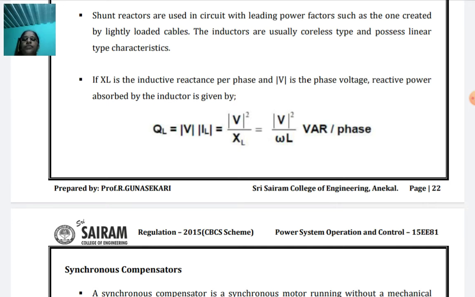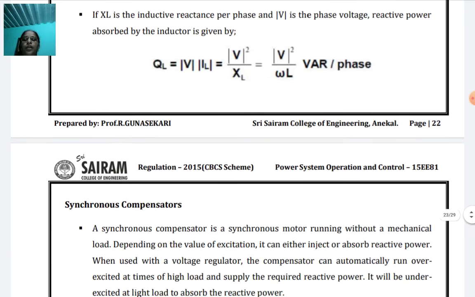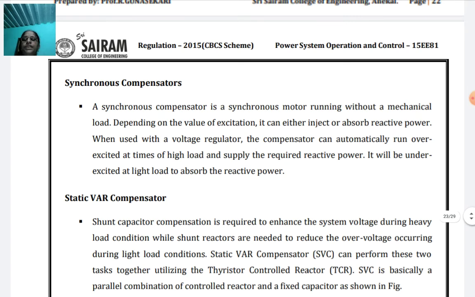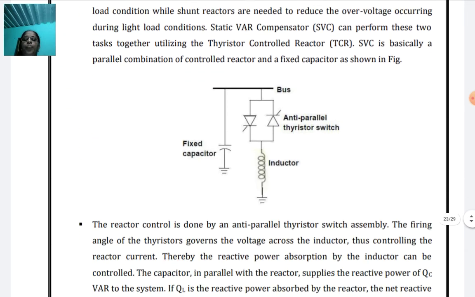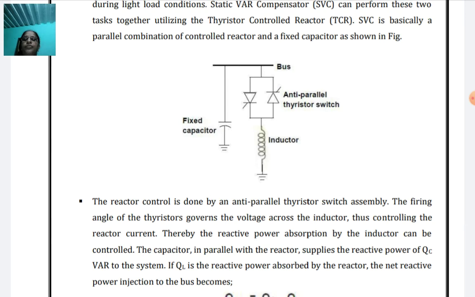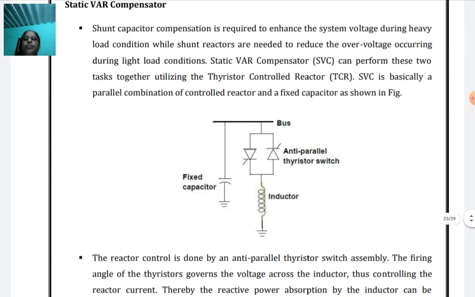Next, shunt compensators: the static volt ampere reactive compensator. This is the diagram of the shunt VAR compensator. It consists of a fixed capacitor, an inductor, a bus and anti-parallel thyristor switches.